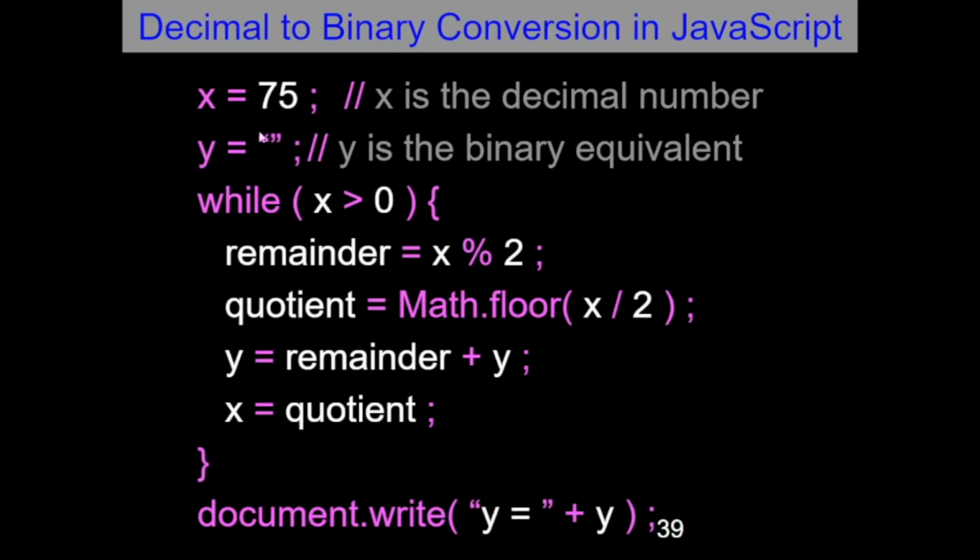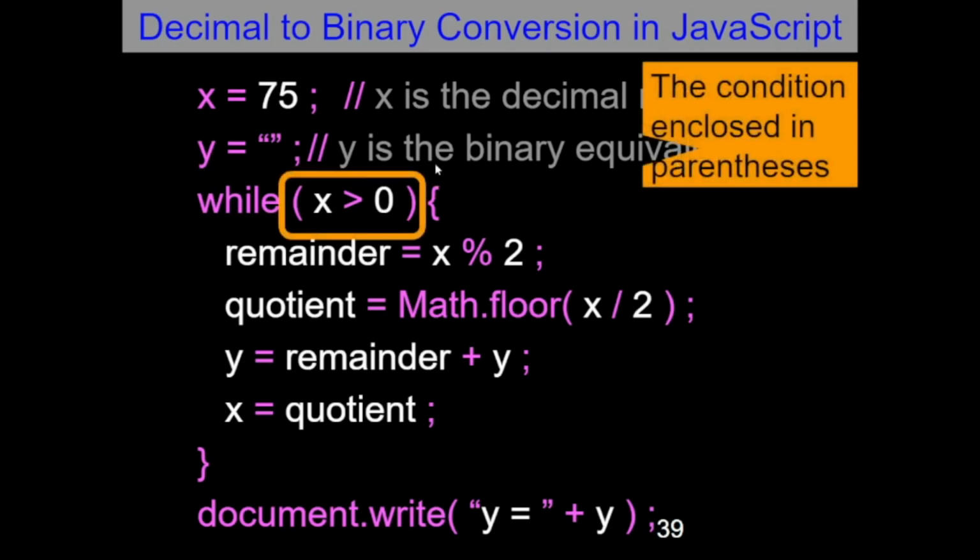Now here is my while statement, because we are going through the while loop, and here is the test condition. As you can see, the test condition is enclosed in parentheses, and it says x is greater than 0. As long as the condition is true, the control variable will enter this while loop and execute all the statements within these curly braces.